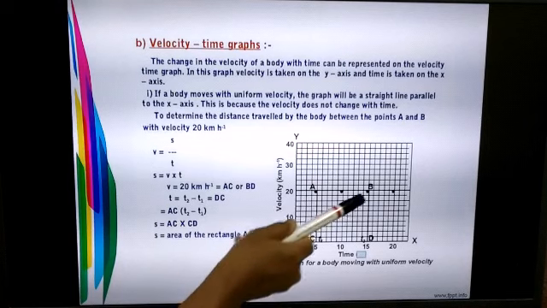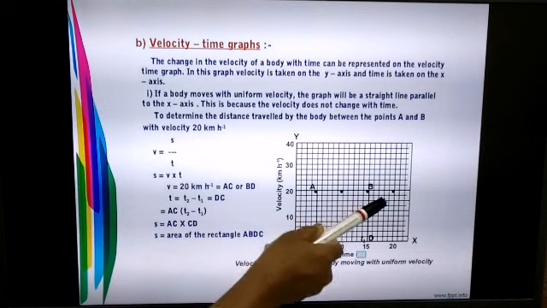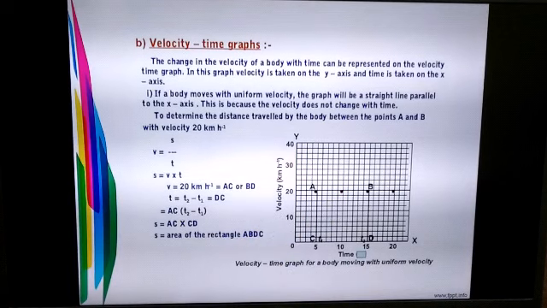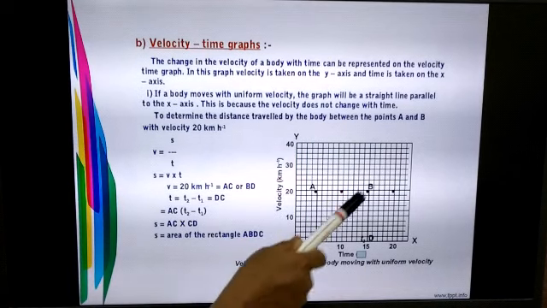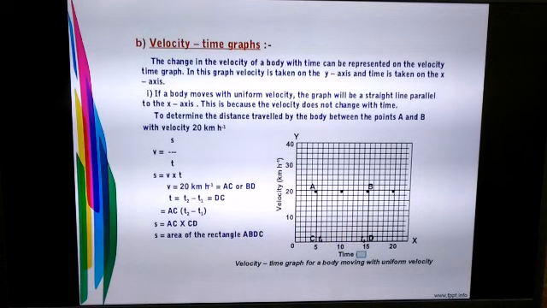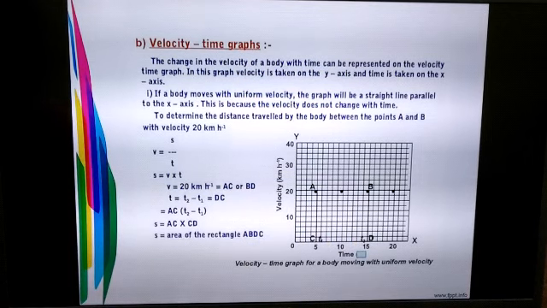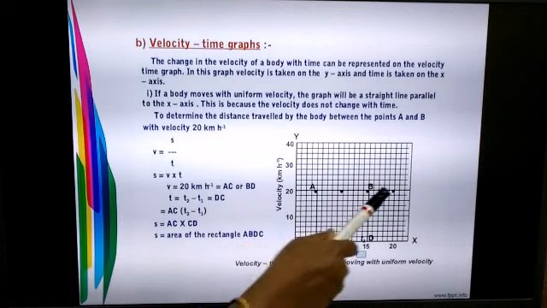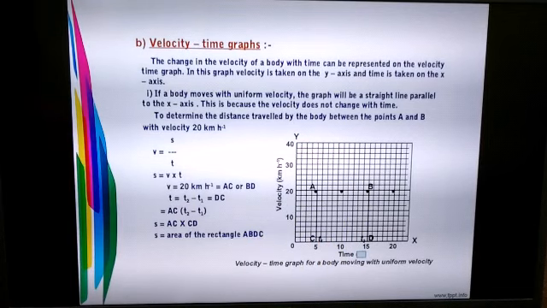So this is the height of the object. We have taken 2 points A and B on the graph, and if we draw perpendiculars from points A and B, the height will be AC as well as BD. So the height of the object is not changing. Also, the graph that we draw will be a straight line which will be parallel to the x-axis.